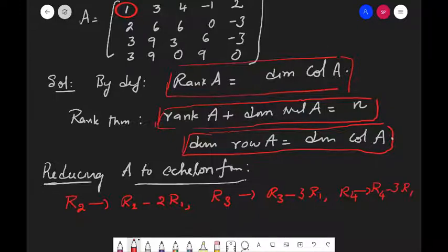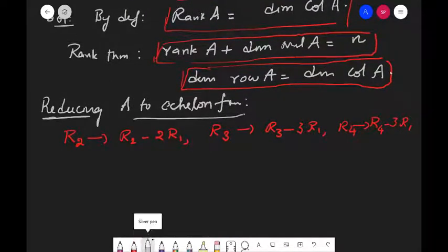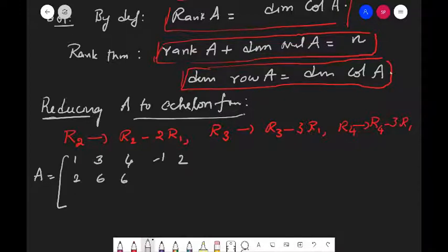Let us apply all these transformations and then obtain the result. Let us write matrix A again. Here we have 1, 3, 4, minus 1, 2, 2, 6, 6, 0, minus 3, 3, 9, 3, 6, minus 3, and 3, 9, 0, 9, 0.